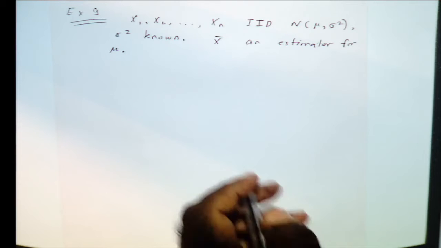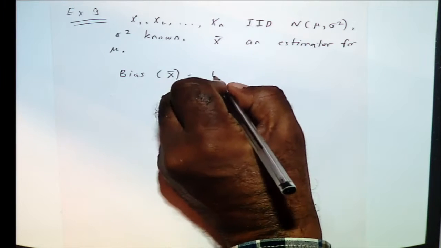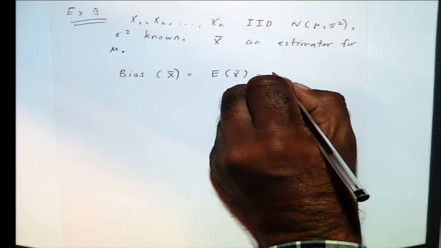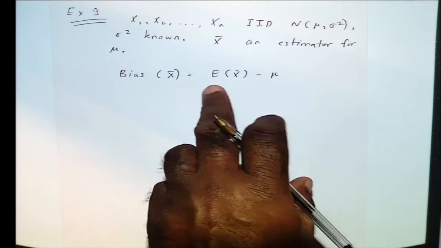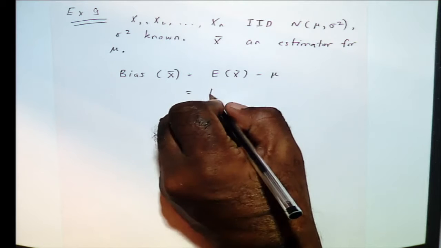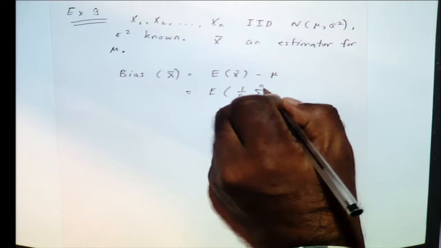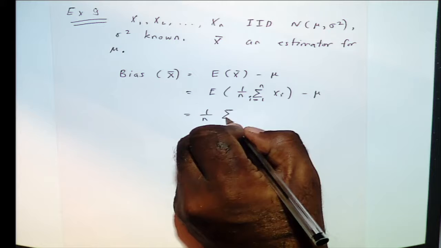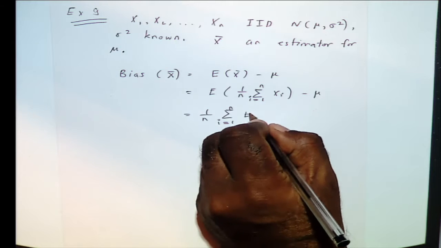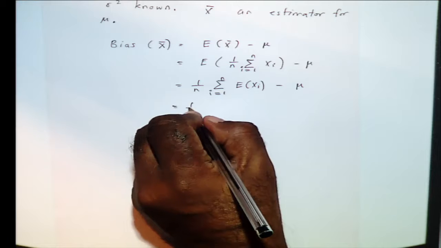All right, to find the bias, remember the definition I gave you. The bias is always the expectation of the estimator minus the population parameter that you're trying to estimate, okay? So this is 1 over n times the sum of the expectation of xi, minus mu.